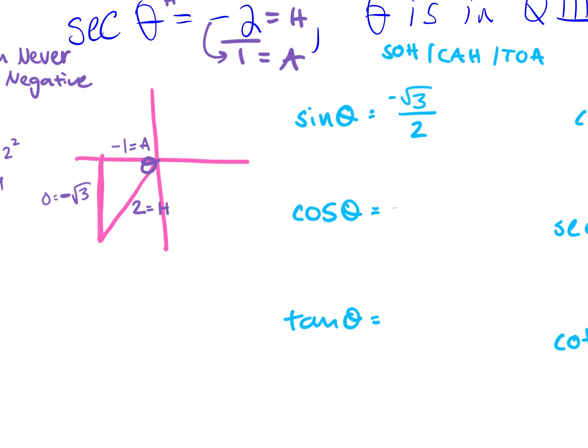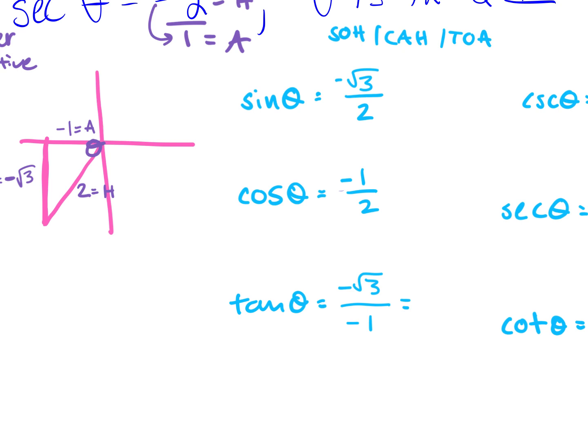Cosine would be adjacent over hypotenuse. So negative 1 over 2. And tangent would be opposite over adjacent. So negative square root 3 over negative 1, which simplifies to what? Positive square root 3.